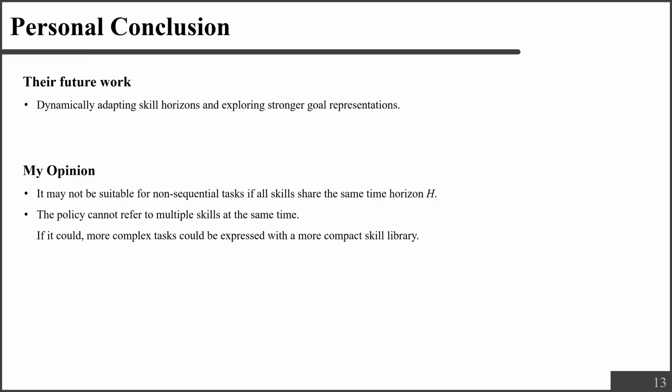Moreover, the policy cannot refer to multiple skills at the same time. If it could, more complex tasks could be expressed with a more compact skill library. Thanks for listening.